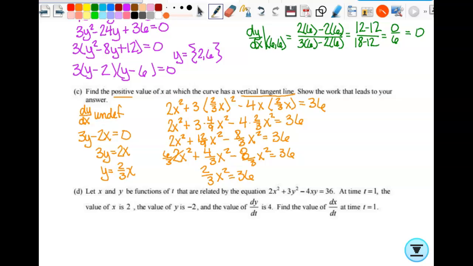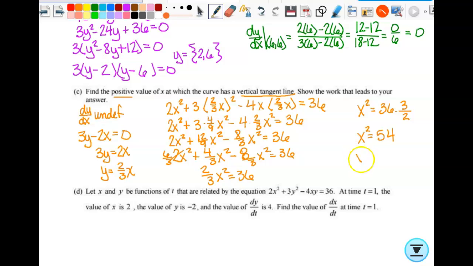Then I can multiply both sides by 3/2, so x squared equals 36 times 3/2. I could take half of 36, which is 18, and then 18 times 3 is 54.